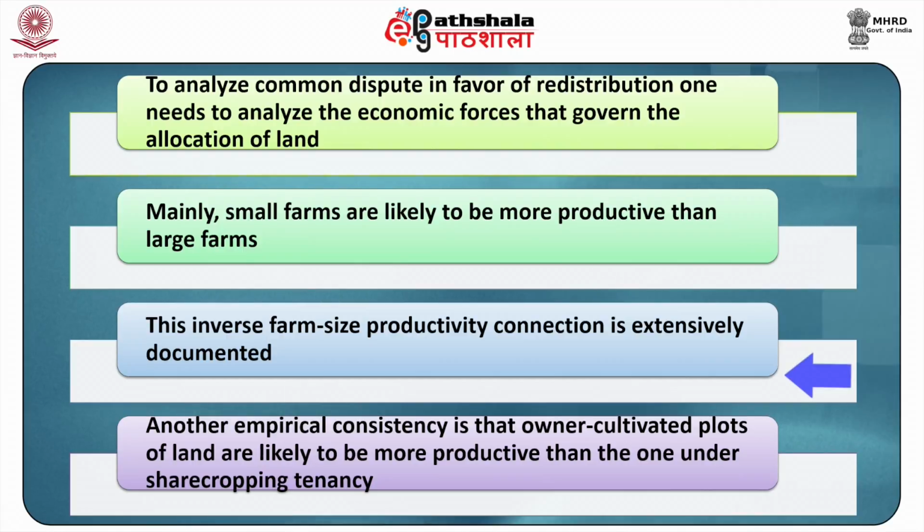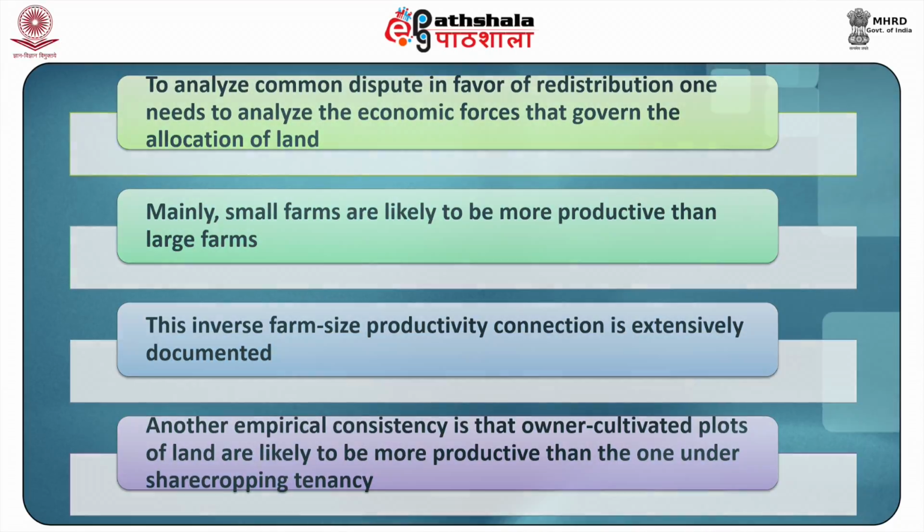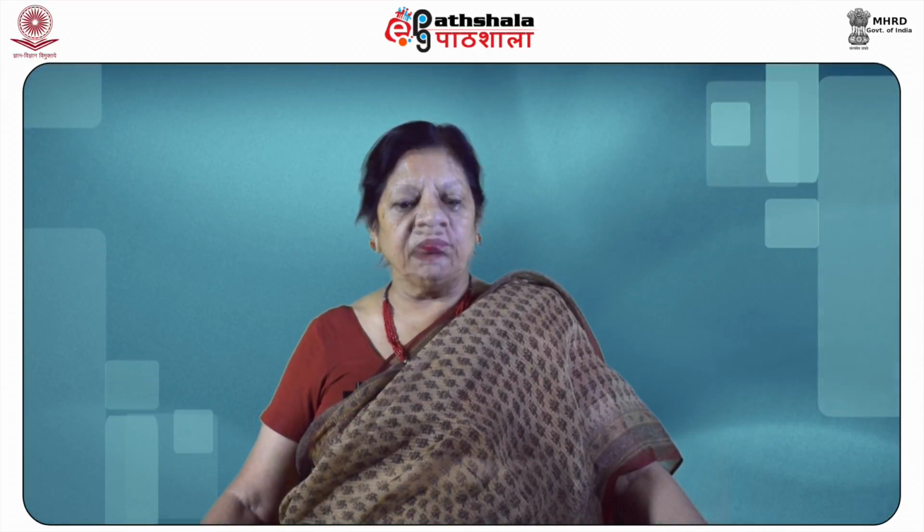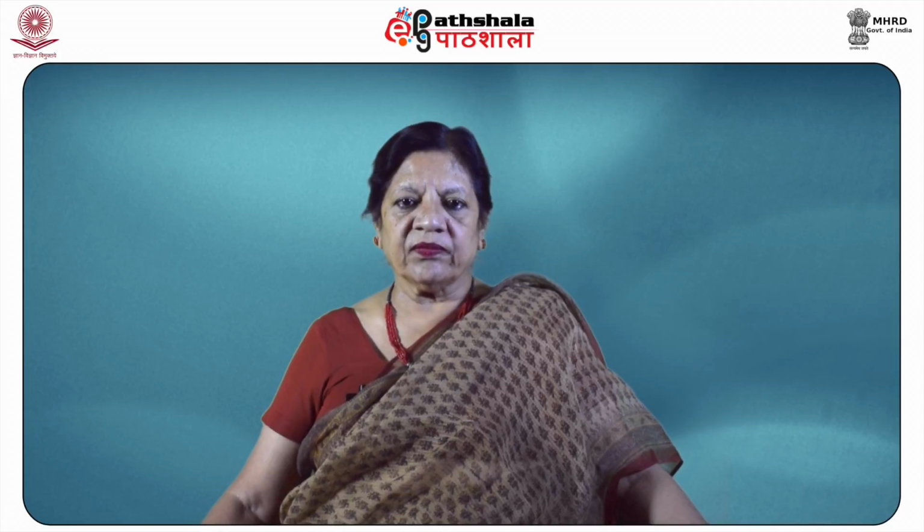This inverse farm size productivity connection is extensively documented by Banerjee in 1999. Another empirical regularity is that owner cultivated plots of land are likely to be more productive than those under sharecropping tenancy, according to Shaban's analysis in 1987.